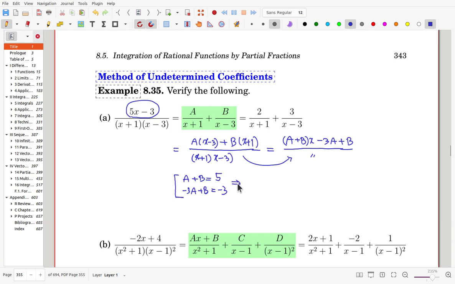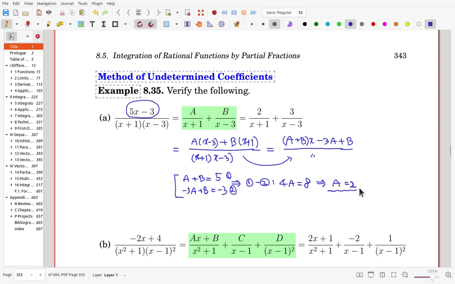Now equation number 1, equation number 2, we subtract equation 2 from equation 1 to eliminate b. Then the left hand side will be 4a, and b will disappear, and the right hand side becomes 8. So from here, a becomes 2.